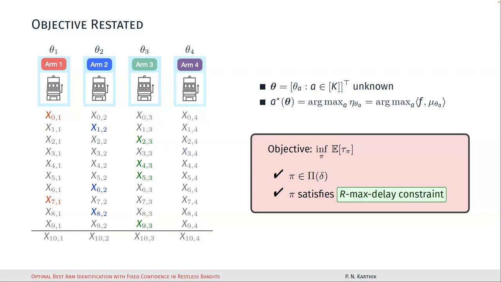So, Karthik, can you hear me? Yes, yes. So this R max delay constraint is something we introduced to make the problem tractable, because countable state space MDPs are difficult to deal with analytically. Yeah, correct. So how restrictive is this assumption, do you think?